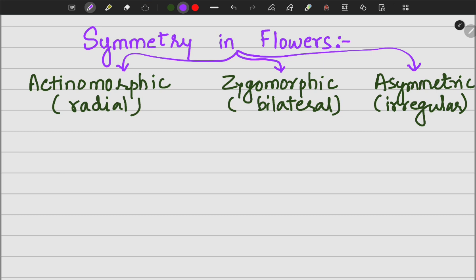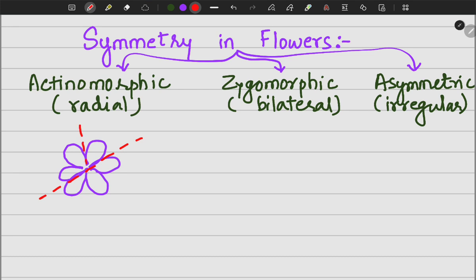So what is an actinomorphic flower? An actinomorphic flower, or a flower having radial symmetry, is any flower which can be cut into two equal halves through a radial plane passing through their center. So if this is a flower, and if we try to cut it through a radial plane passing through its center, so this is one plane through which it can be cut into two equal halves.